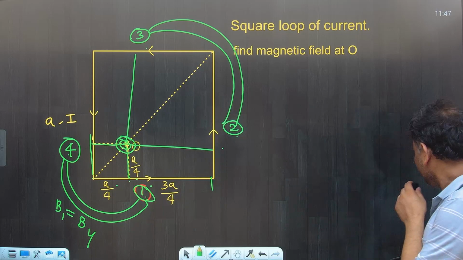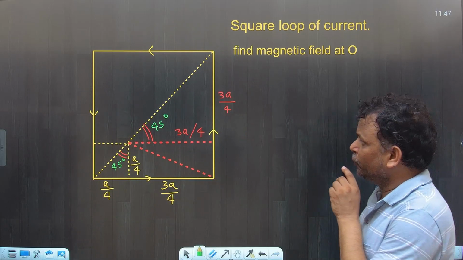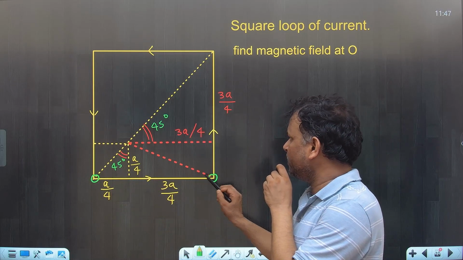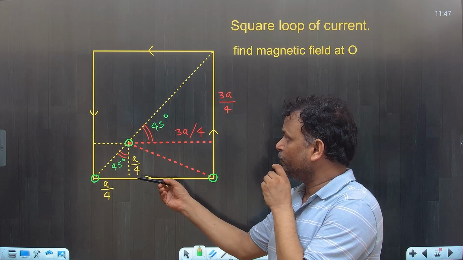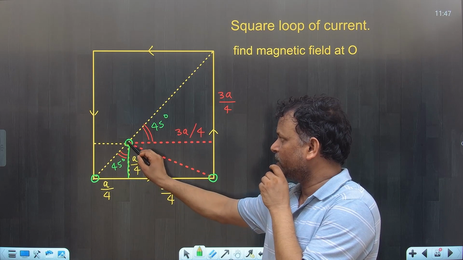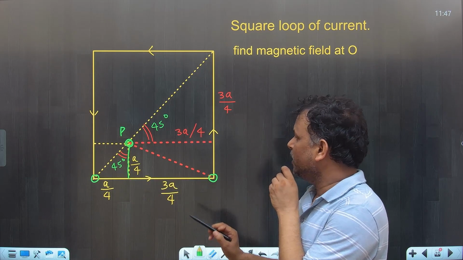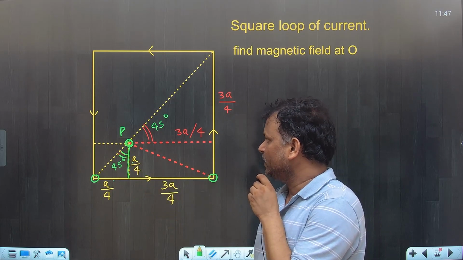Now let us come to the next point. We want to calculate the magnetic field due to this part of the wire at point P. So what we should do is draw a perpendicular from the point P to the conductor. That was A by 4, and this angle was 45 degrees.